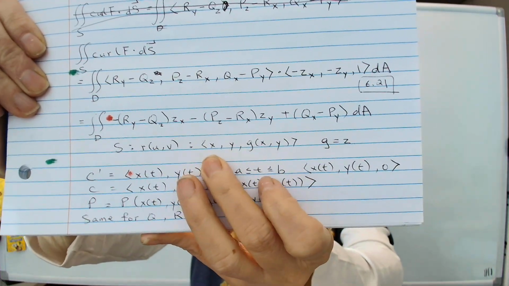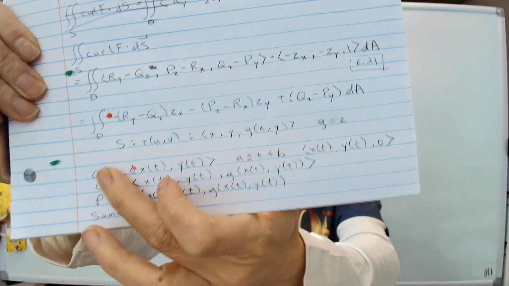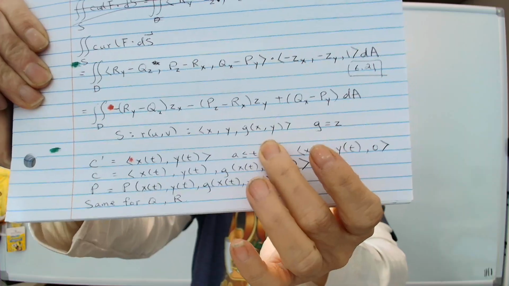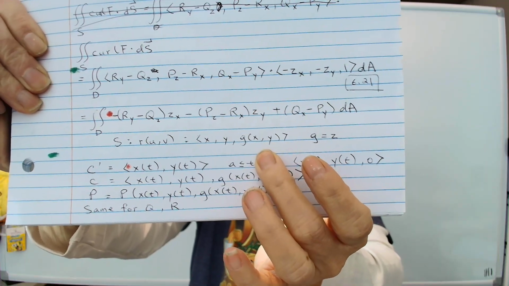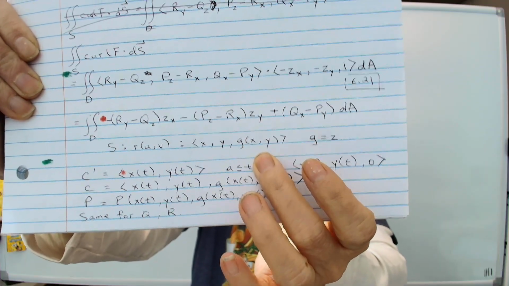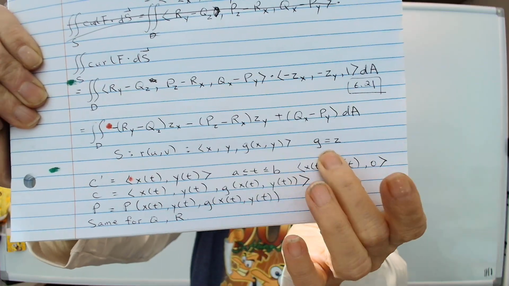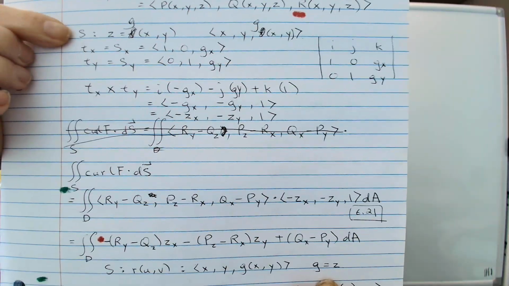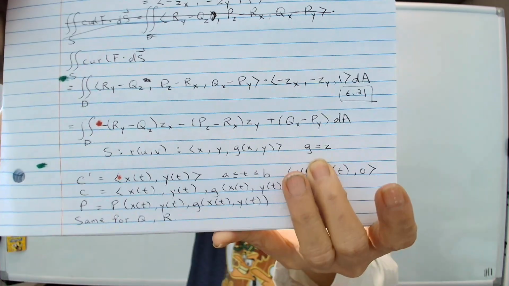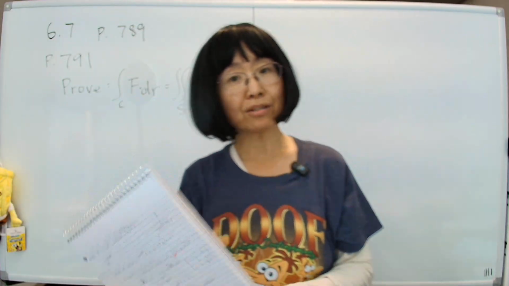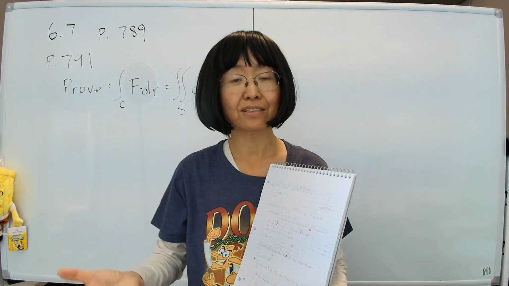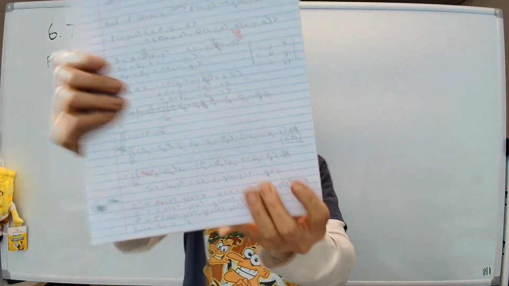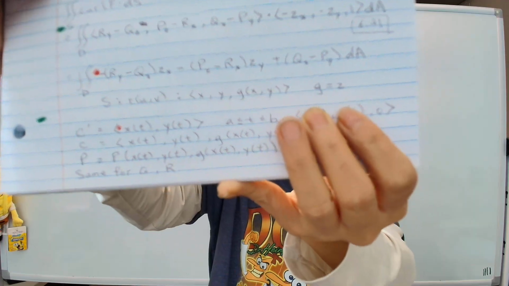But this time we're just going to use x, y. So we'll parameterize the surface as (x, y, g(x, y)). The g is the third coordinate, okay, to show how tall, where it is in space. Remember, g equals z, because originally we defined z equal to g(x, y). So g and z are the same thing, and during this proof, the book will sometimes call it g and sometimes call it z. You just have to remember they're the same, and you can call them either one.